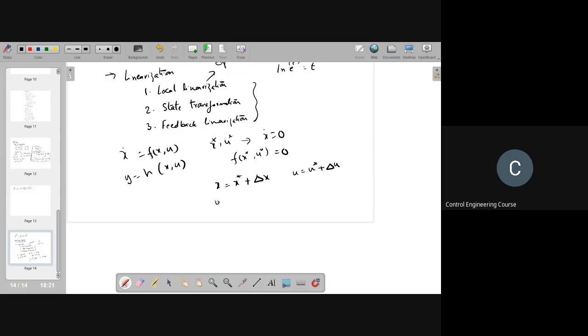Then f of x comma u is equal to f of x star plus delta x comma u star plus delta u. So now we expand this f. Now expand this using a Taylor series.